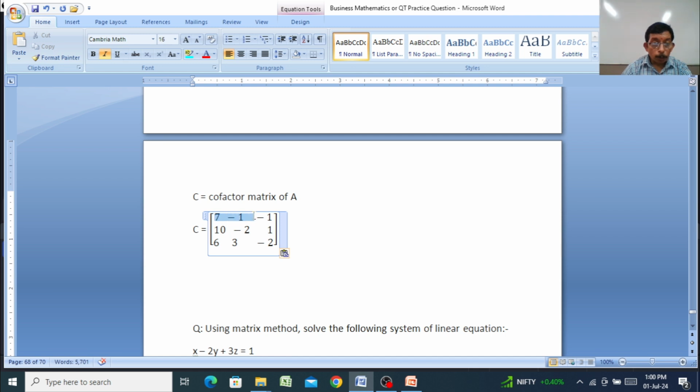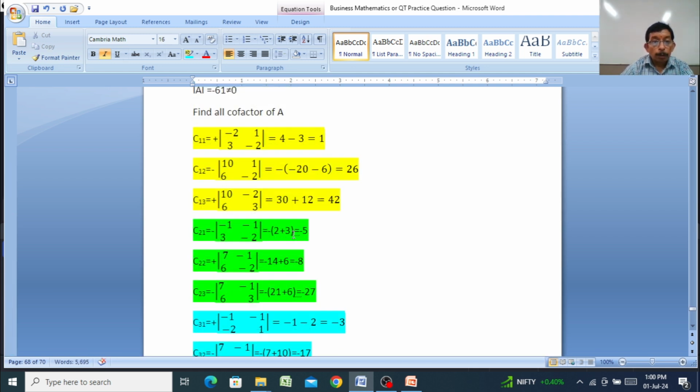The first row cofactor is 1, minus 26, 42.